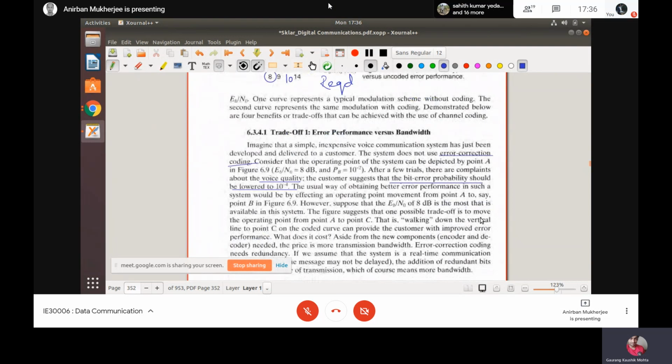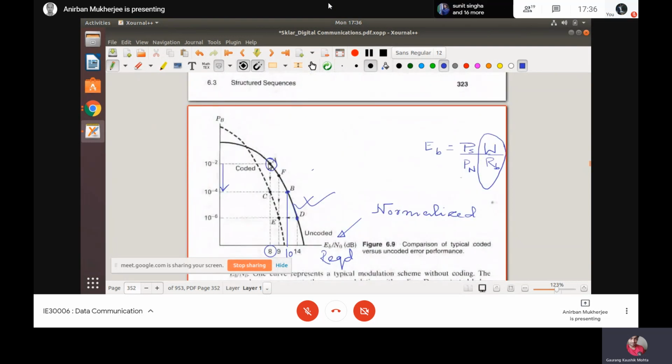Say, if you do the uncoded one, if you don't do the channel coding, you are here, so you have to give a 10 dB SNR. But rather than without channel coding, if you use channel coding, that means if I can move down directly here, then what will be the required SNR?